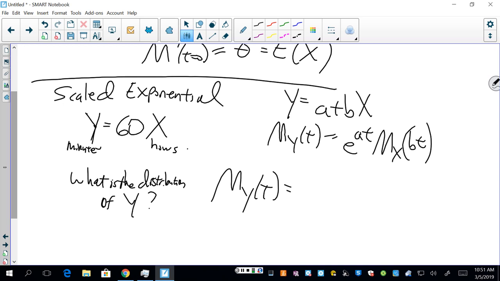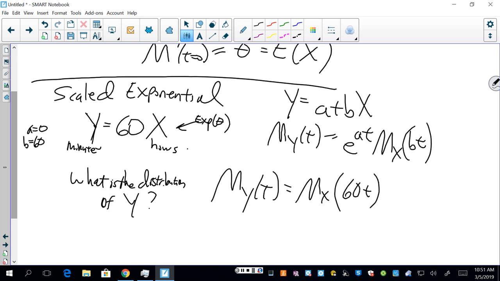So what's the moment generating function of y in this case? Well, if x were exponential with some parameter θ, a in this case is 0 and b is 60. So the first part just goes away, it's nothing there. But this would say to take the moment generating function of x, but now this is 60, so we do 60 times t.